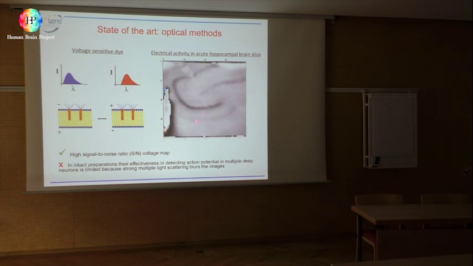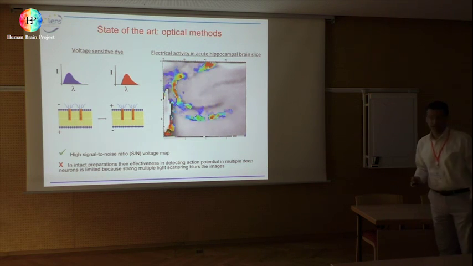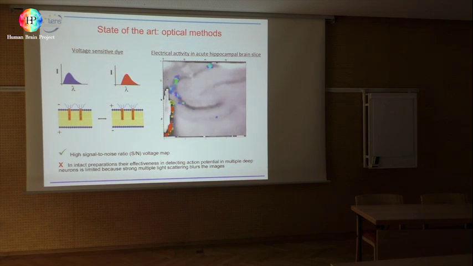The same you can say for this detection with voltage sensitive dyes. This is one photon excitation. In other words, you use a laser which is absorbed by the voltage sensitive dyes.